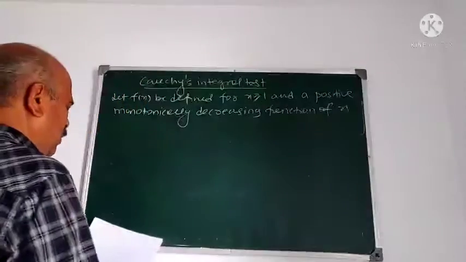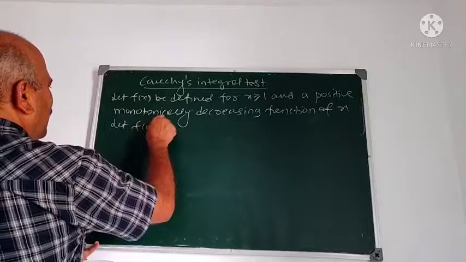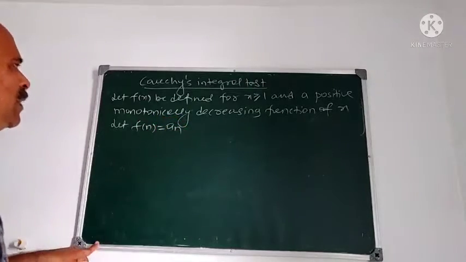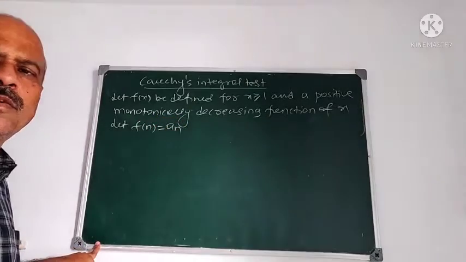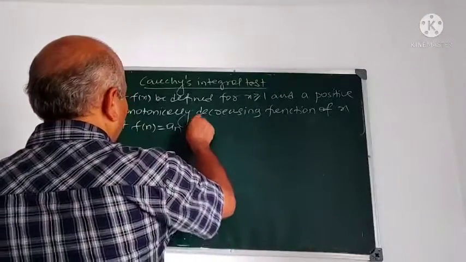Let f(n) is a_n, means f(1) is a1, f(2) is a2, etc. f(n) is a_n for all n.